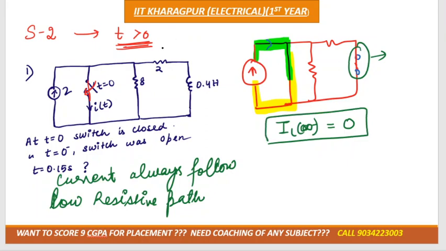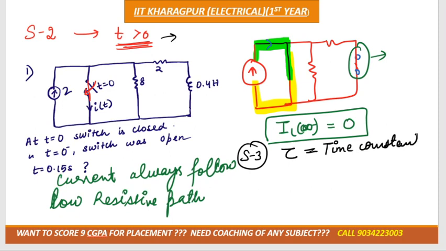Now for this condition at t greater than 0, in step number 3, we need to calculate tau also, right? Tau is the time constant, correct? And its formula is L by R equivalent. L is 0.4 Henry. R equivalent is the RTH. So for the RTH, we have to follow certain steps: current source must be open circuit, voltage source must be short circuit, and wherever the inductor was placed, that must be open circuit, right?